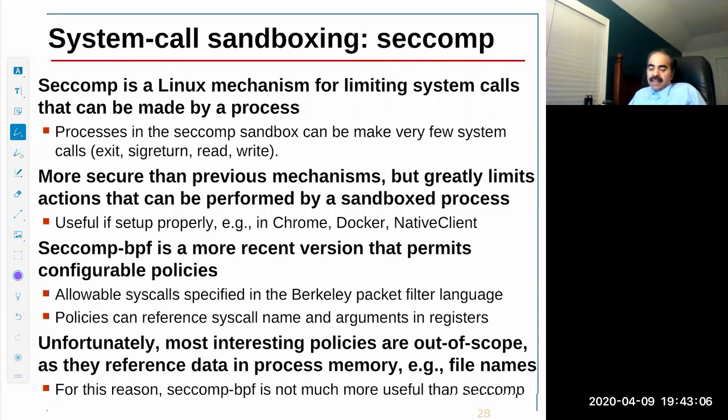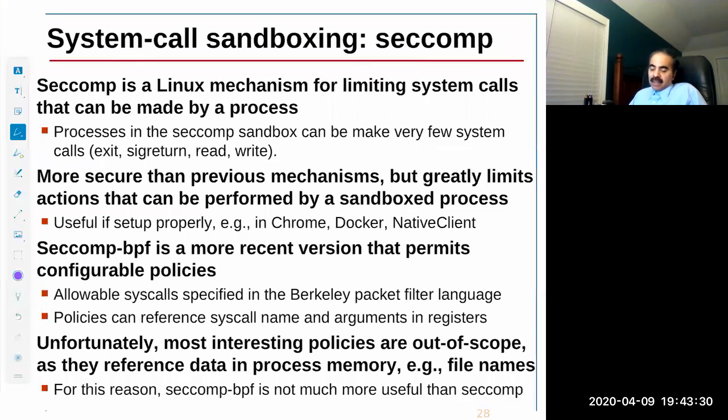Okay, and so this means that, for instance, it cannot make a network connection or open a new file or anything like that. So essentially, a sandboxed process cannot really do anything at all. And this is useful if the sandbox is set up properly. For instance, if you have a sandbox for a renderer process in a browser, then this renderer process can continue to do its job.